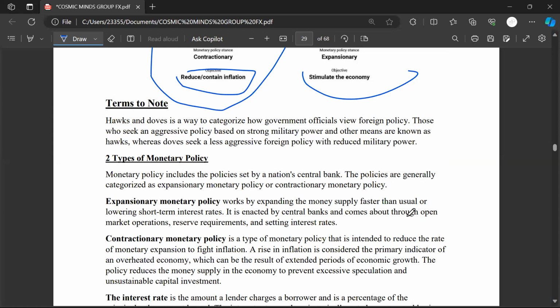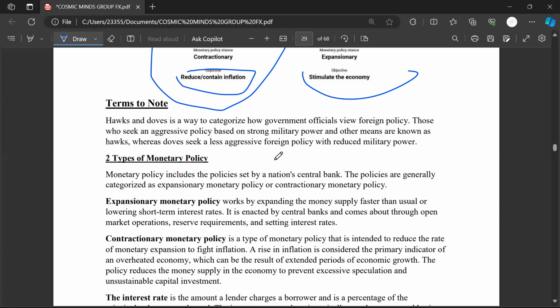Now, there are two types of monetary policy, right? Monetary policy includes the policy set by a nation's central bank. Monetary policies are only set by the central bank. When you say a central bank, it's the highest bank with the mandate to make monetary policies.